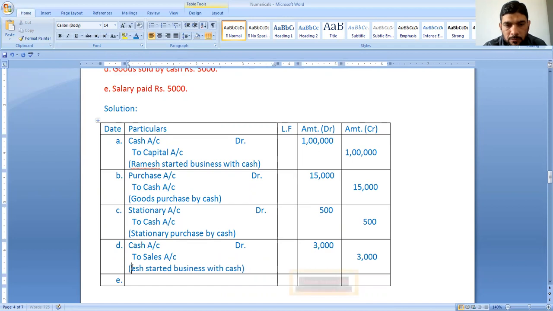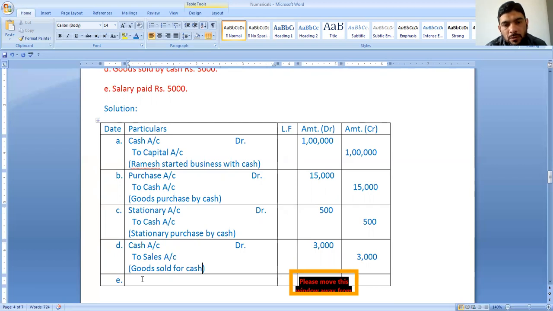We can write over here goods sold for cash.